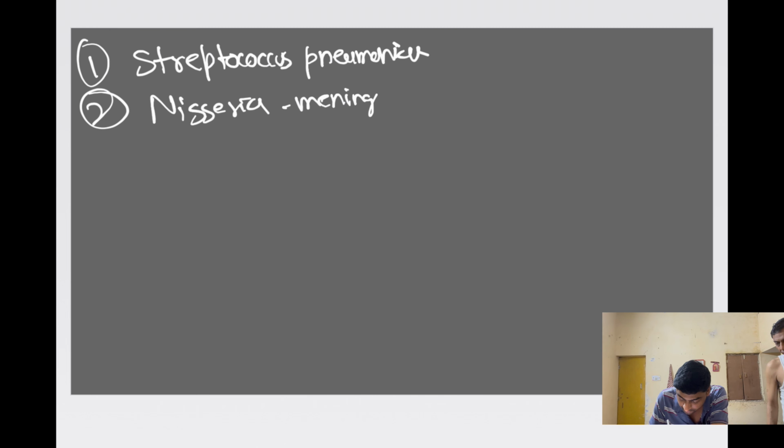So let's summarize what we have learned till now. In acute bacterial meningitis, we have learned the causative agents, which are Streptococcus pneumoniae, the most common cause of acute bacterial meningitis, and Neisseria meningitidis, Haemophilus influenzae and Listeria monocytogenes, and other gram-negative bacilli, for example E. coli, Pseudomonas, Acinetobacter.